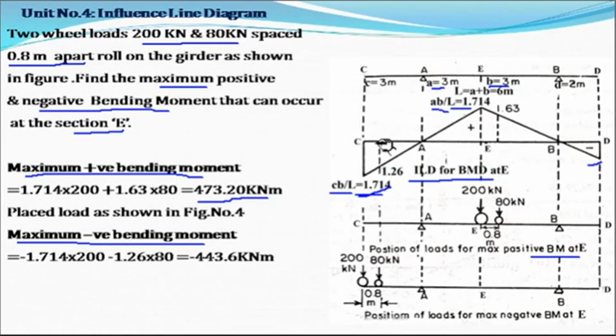If we find out this ordinate, the value is 1.26. This is the position of the load for the maximum negative bending moment at E. This is on the negative side, so minus 1.714 into 200, and again minus 1.26 into 80. So we'll get the value minus 443.6 kilonewton meter.